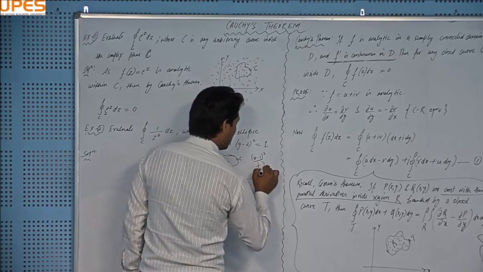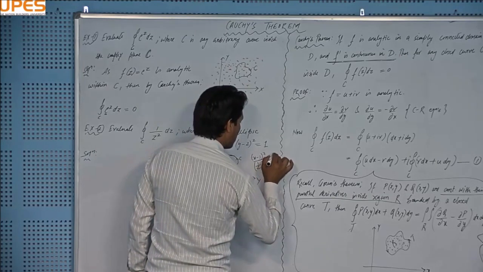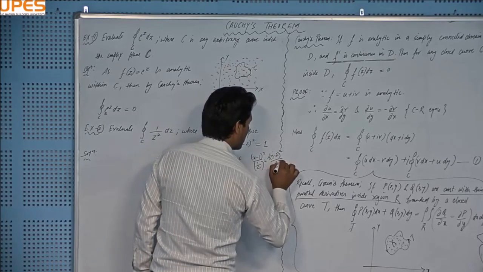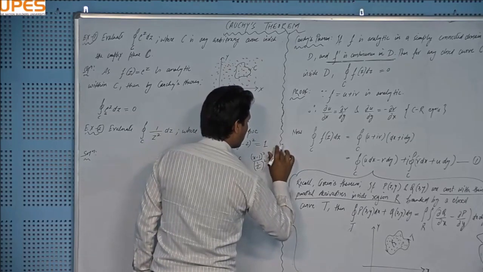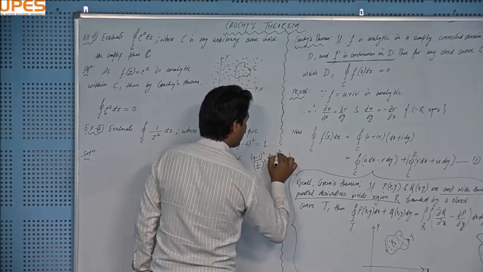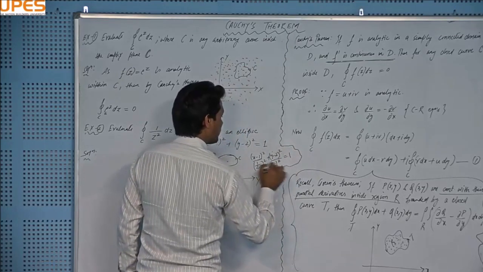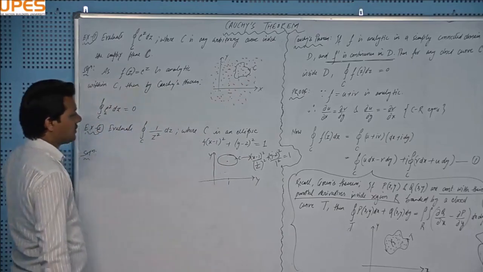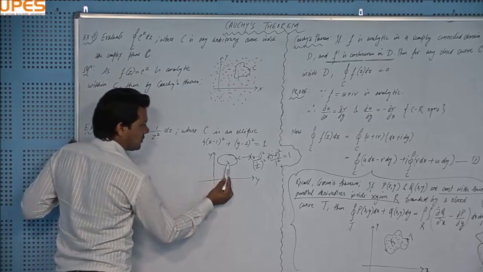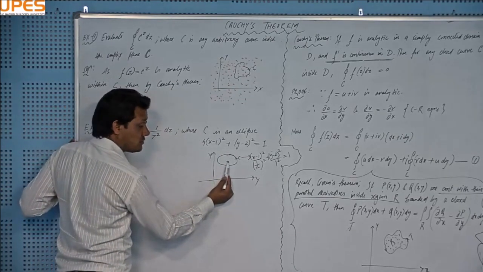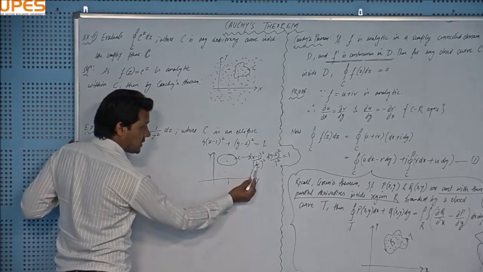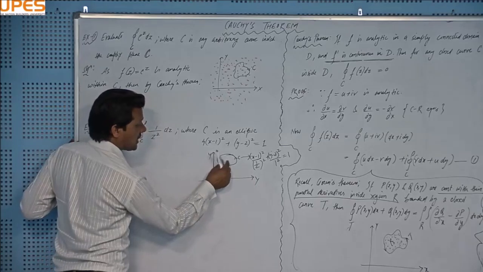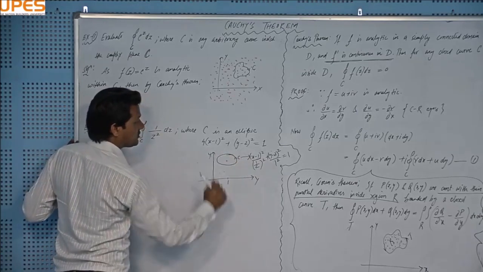One by 2 square plus y minus 2 whole square over 1 square equal to 1, right? Okay. So 1 comma 2 is the center of the ellipse, right? And you can see that the length of the semi-major axis is half, right? And minor axis it is 1, right?